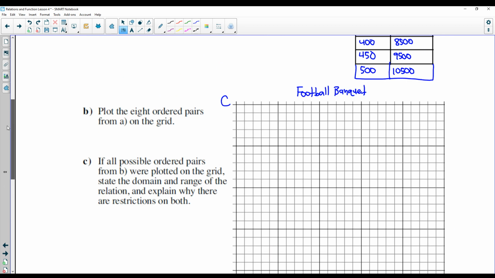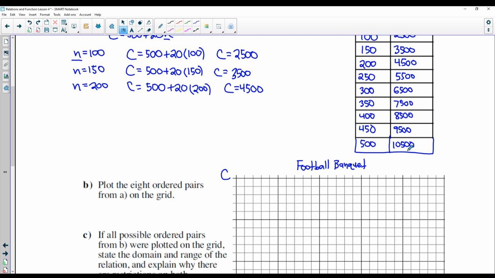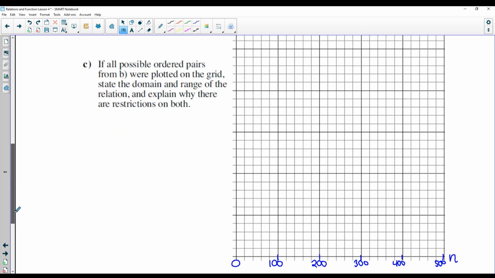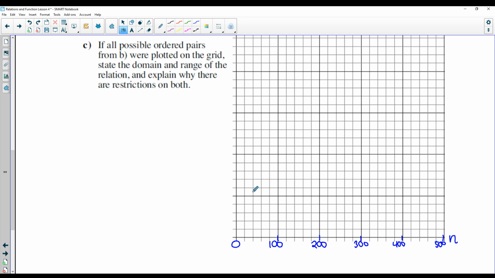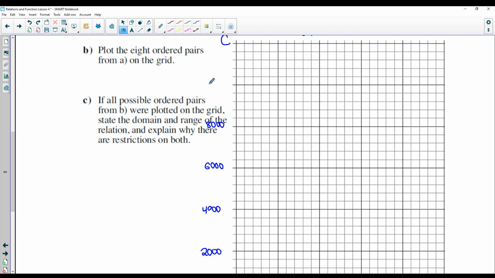Okay, and then the cost, the biggest number we have is 10,500. So every 5 grid lines, I'm going to go up by 2,000. You might use a slightly different scale, but this one works okay. 2,000, 4,000, 6,000, 8,000, 10,000, 12,000.